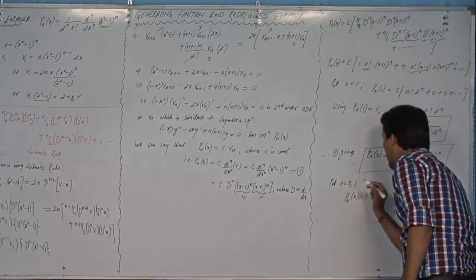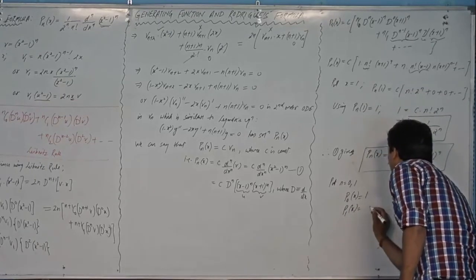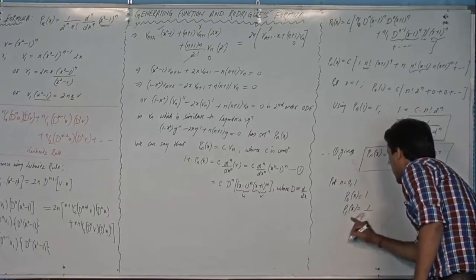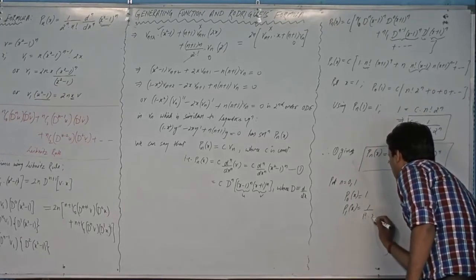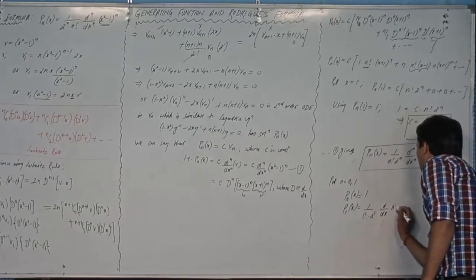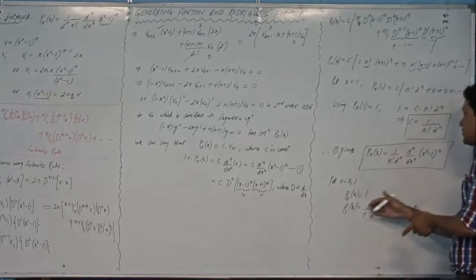If you put n equal to 1, right, we will get P1(x) equal to 1 over 1 factorial into 2 to the power 1, and d by dx, first derivative of x square minus 1. I think you will get 2x and then x, and this is also correct.